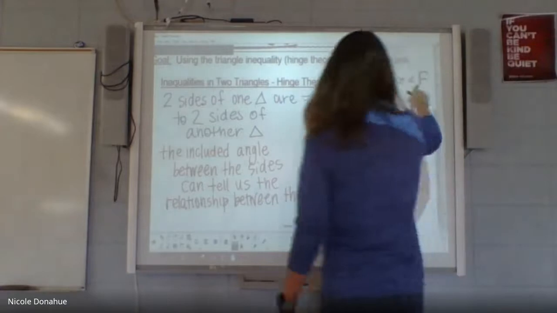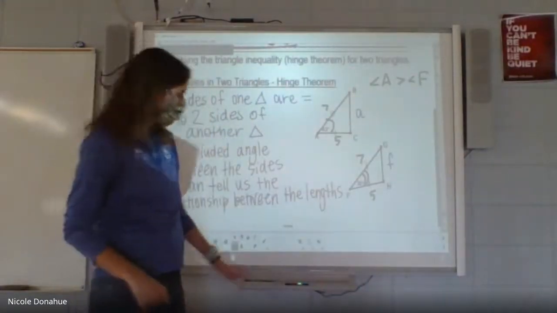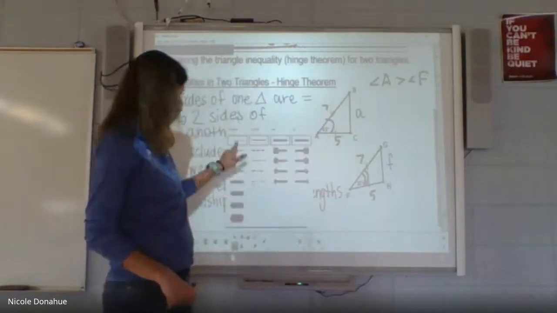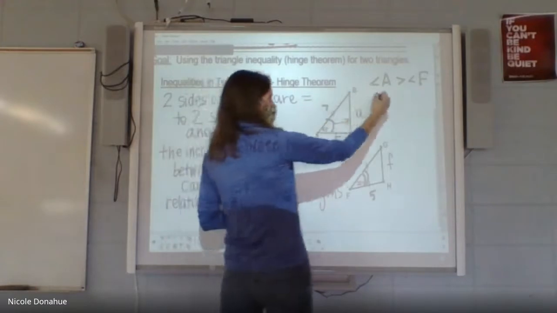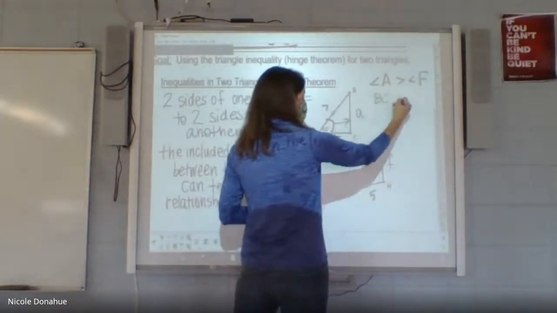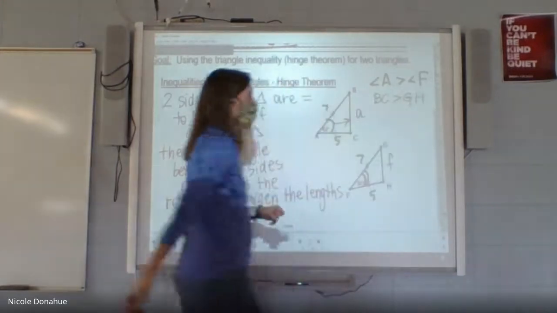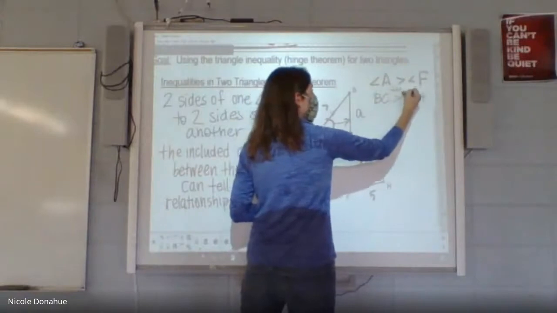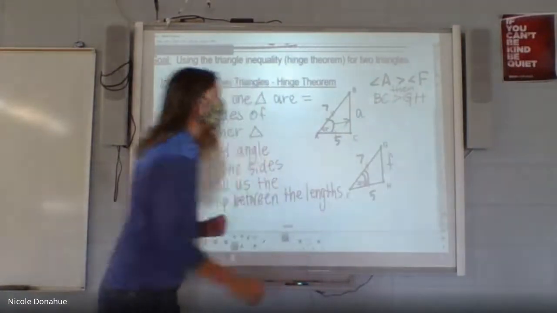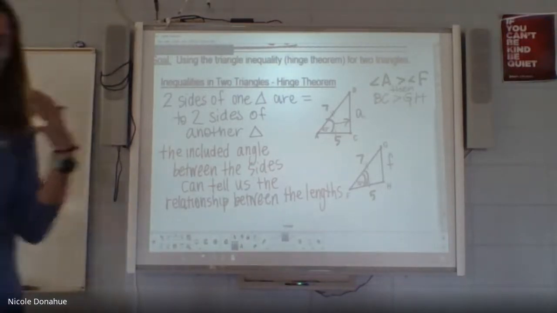So we know that angle A is greater than angle F. A is bigger than F. That means the side across from angle A, BC, then has to be greater than GH. So the side across from that angle has that relationship.